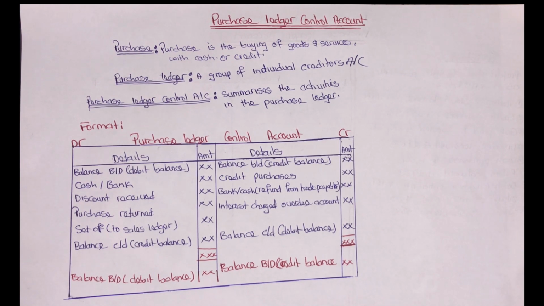Looking at the debit side, we have balance brought forward or brought down. This is a debit balance, and it is the balance from the previous year. So why is there a debit balance in the creditors account?